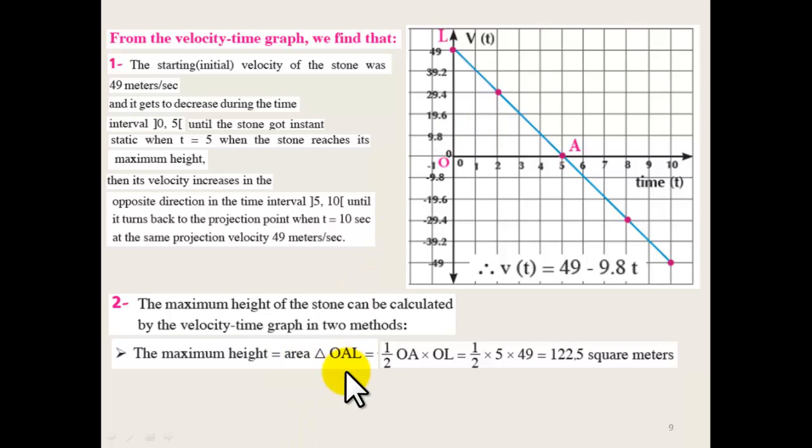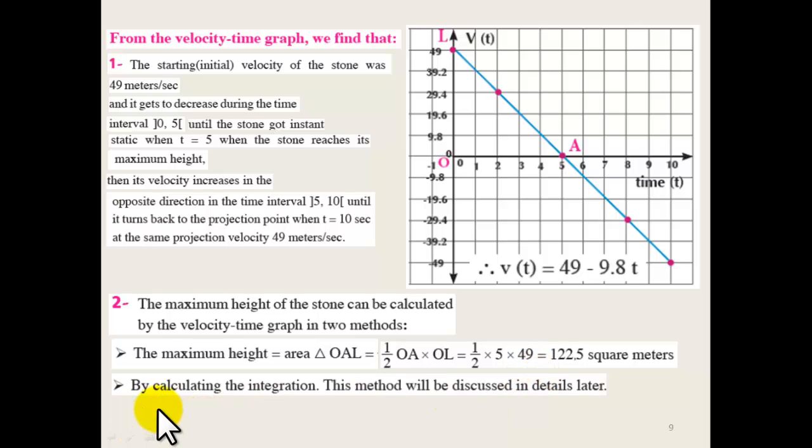This area equals half OA multiplied by OL. As you know, the area of a triangle equals half the base multiplied by the height, equals half multiplied by 5, from 0 to 5, multiplied by 49, which equals 122.5 square meters.